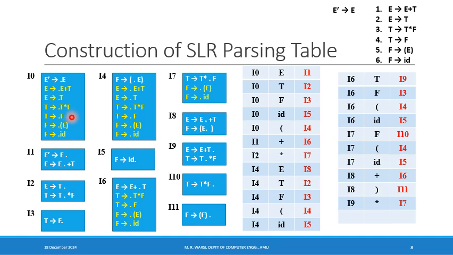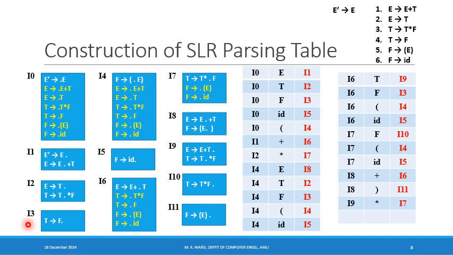For this, I shift the dot after capital F, and to state number 3 I add capital T derives F dot. And I take the closure of this. After the dot I do not have any grammar symbols, so even after taking the closure, no more LR0 items will be added, and my state number 3 is complete.